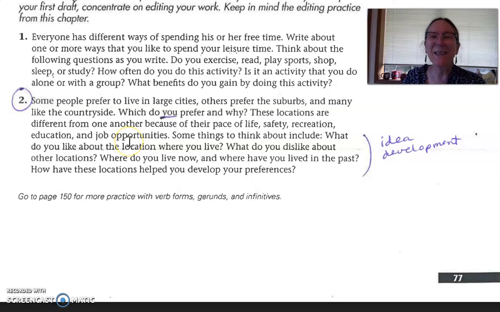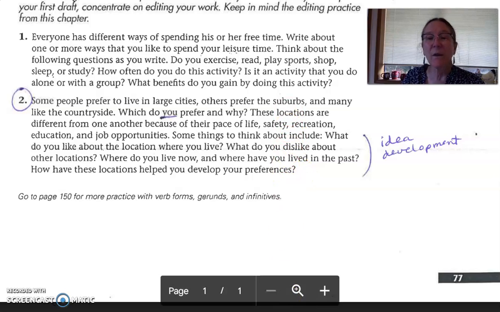I like cities because of their restaurants and also their diversity. Ooh, let's pick diversity. That's not listed here. But let's pick diversity because that matches what we've been writing about in class. And then we're going to relate our choice of the city to diversity. So we have enough right now to help us start this paragraph.